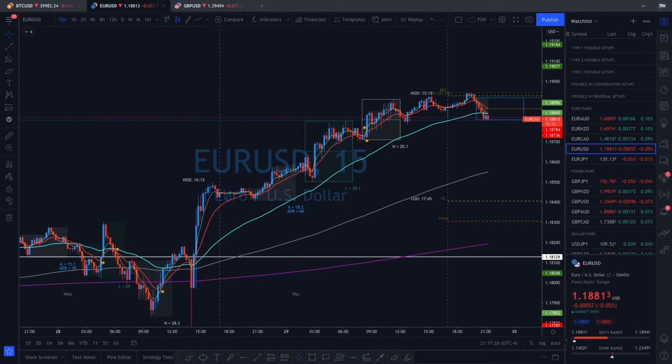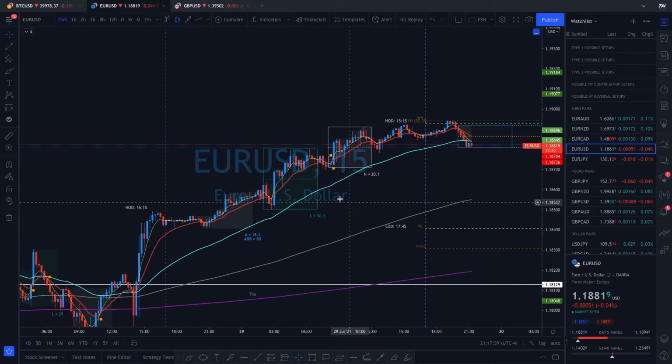So if we look at Euro USD, we can clearly see that we had a full day of rise on Thursday, right? Now, coming into the US session, the move continued on, but we didn't have a real big pullback at all. You notice that, right? The pullback itself was only maybe 9 or 10 pips.